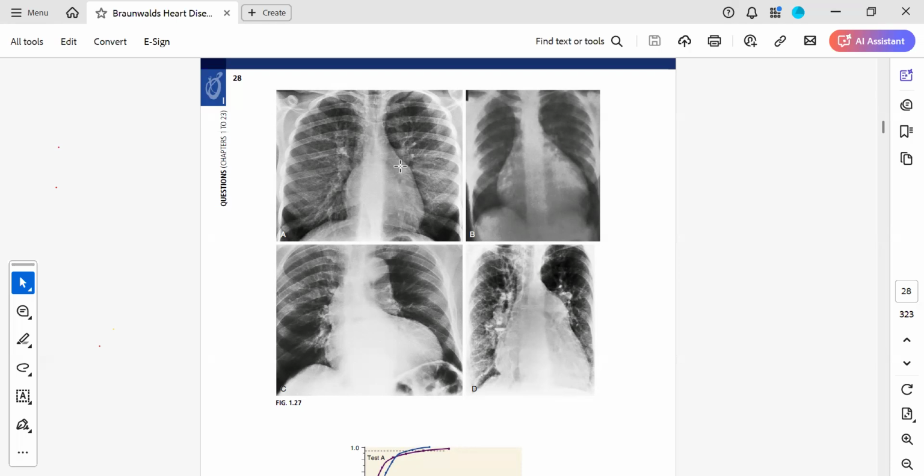With the increase in left atrial pressure, you have resultant enlargement of the left atrium and its appendage. There is a transmission of pressure from the left atrium into the pulmonary vessels. When you have elevated pulmonary pressures, you also develop a dilated pulmonary artery.